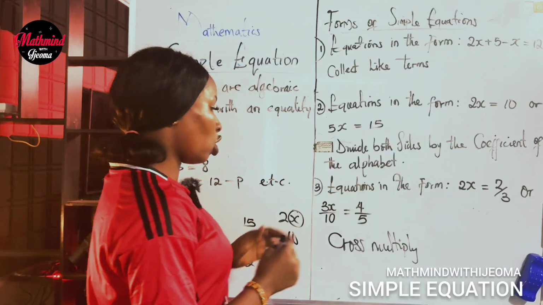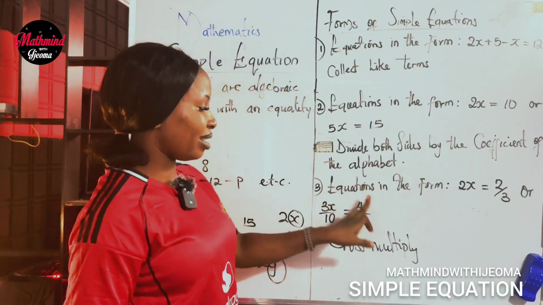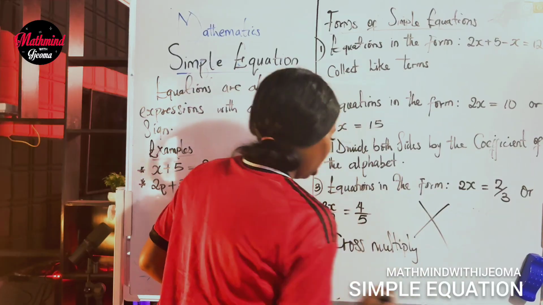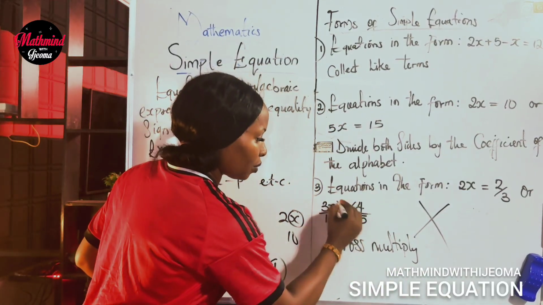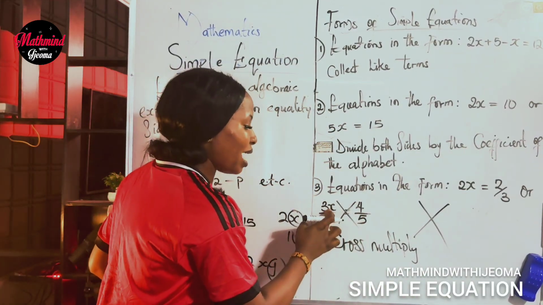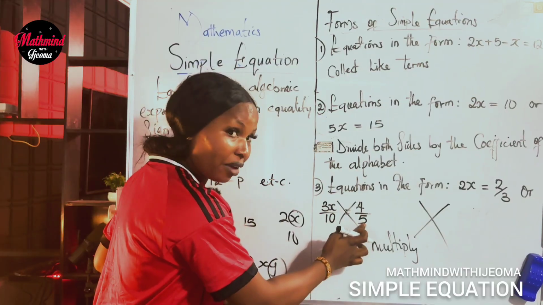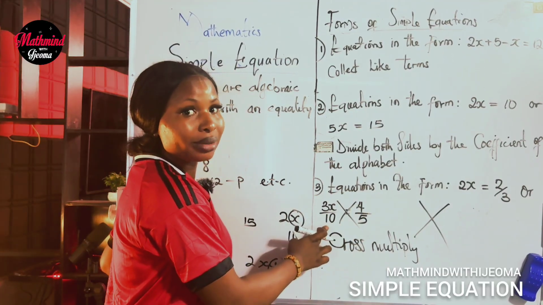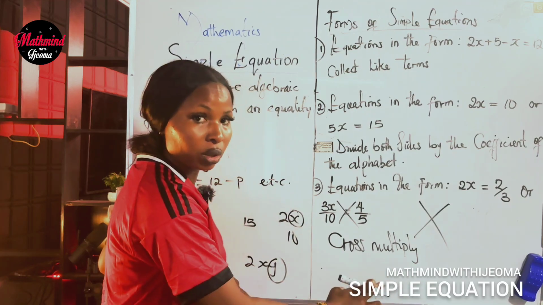So in this case, you cross multiply. Cross multiply does not mean 3x times 4. It means you're multiplying 3x with 5 and multiplying 4 by 10. That's cross multiplication.